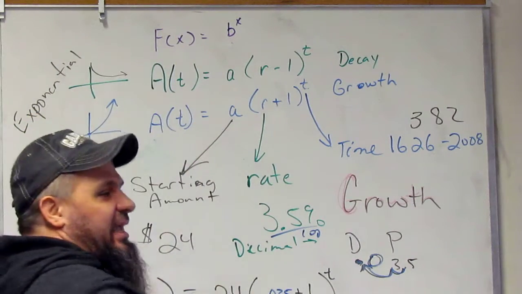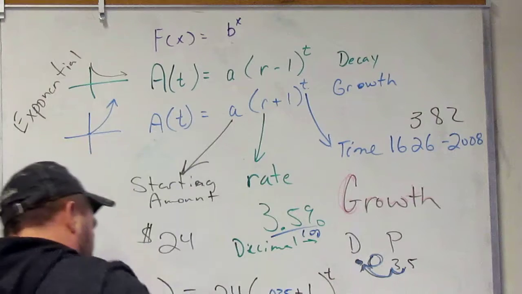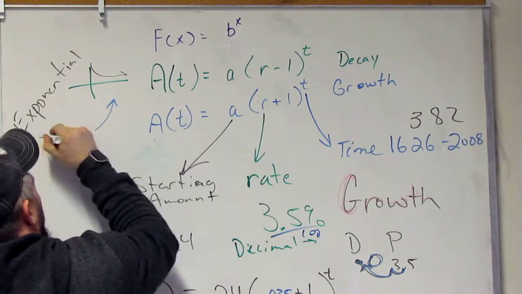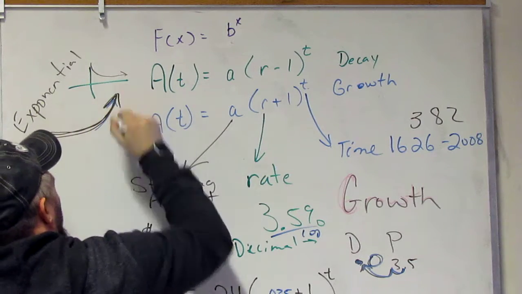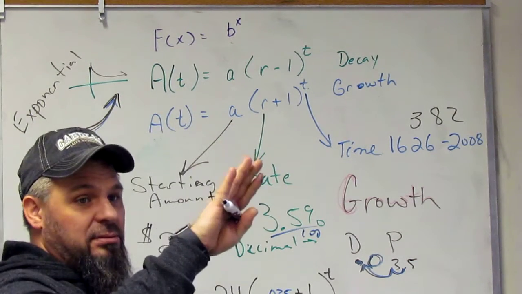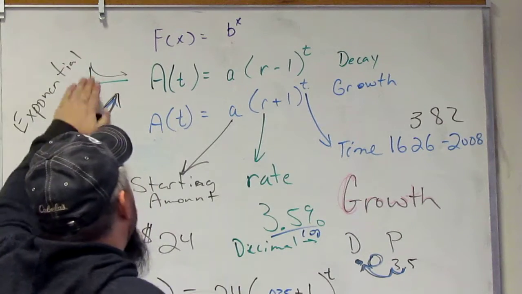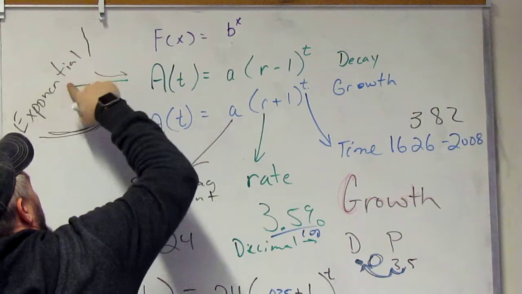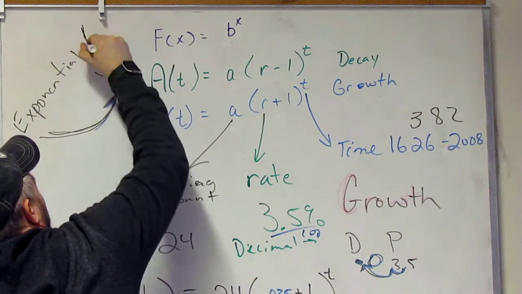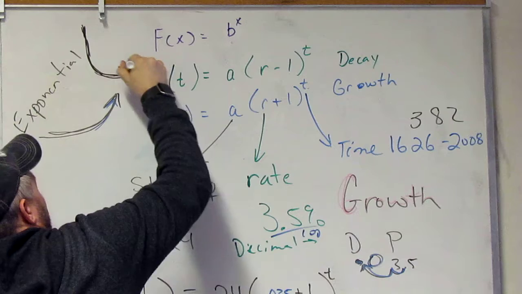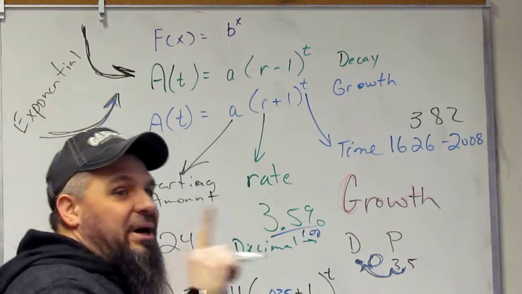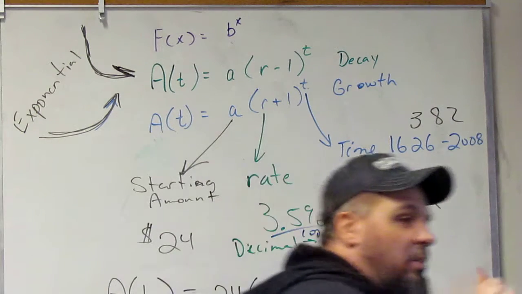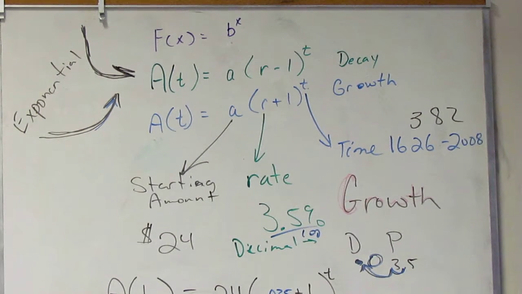But to get a general idea of what exponential growth is going to look like, it kind of looks like this, where it goes up, and it goes up quickly. And decay goes down quickly. But with decay, and this is very important, it never reaches that spot.